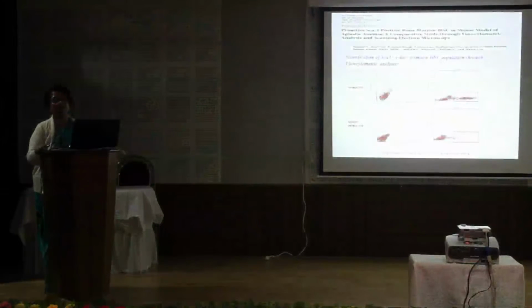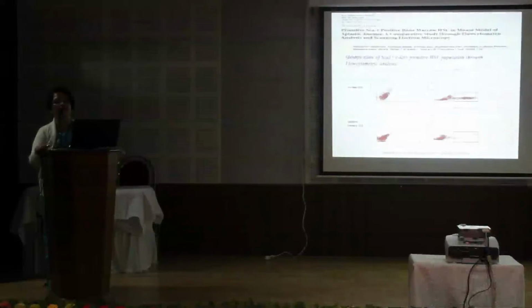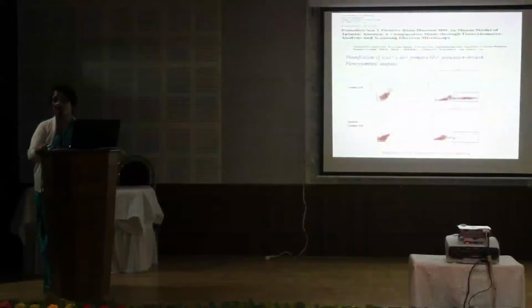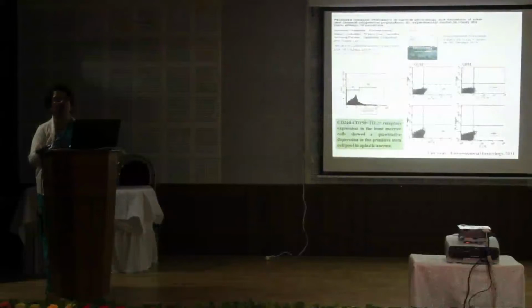This primitive Sca-1 positive bone marrow HSC mouse model of aplastic anemia shows the Sca-1 positive, c-Kit positive primitive cell population, which is gradually diminishing in aplastic condition, and the bright population is affected more than the general population. There are various reasons for the development of aplastic anemia.